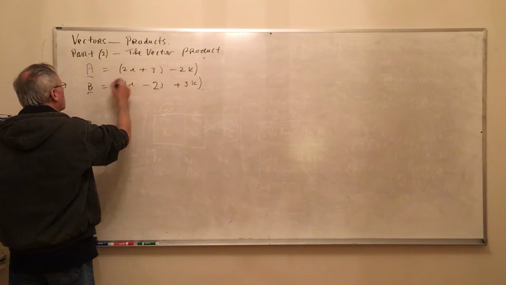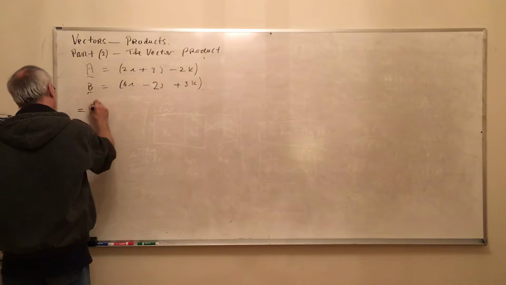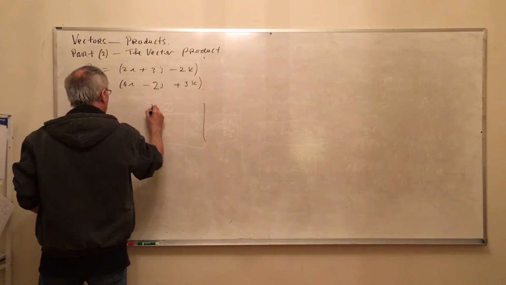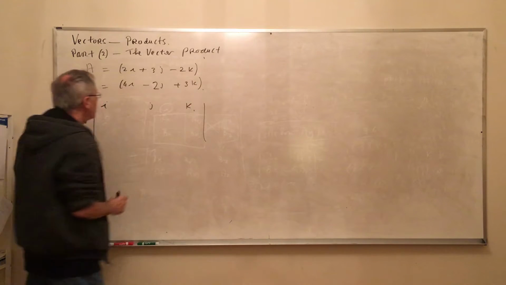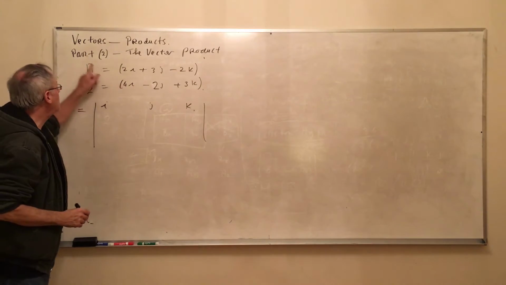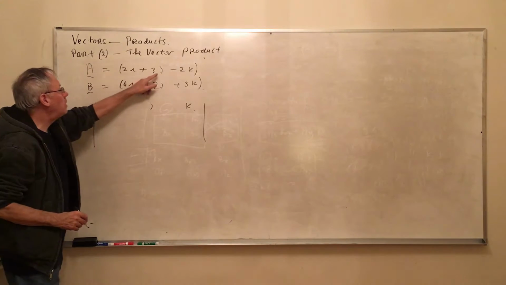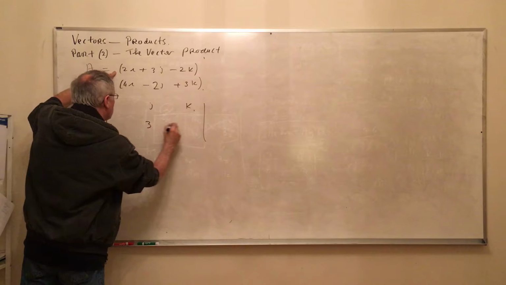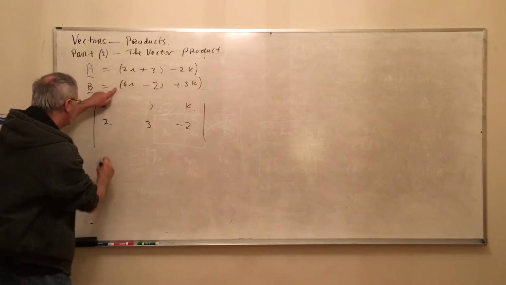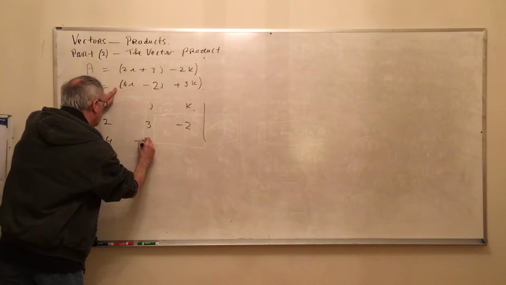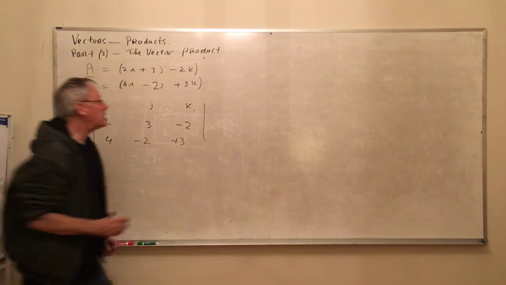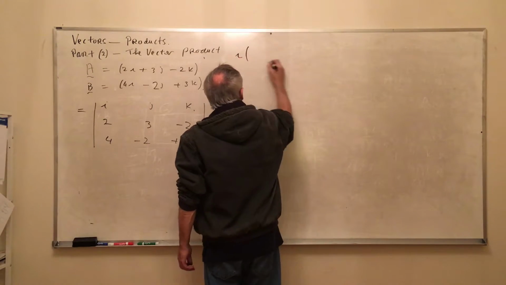So we go this cross this. You put your i, j's and k's in. The next thing is you put in your vectors. This one goes up first. This one goes down here. And now we carry out the procedure just like I've told you before.